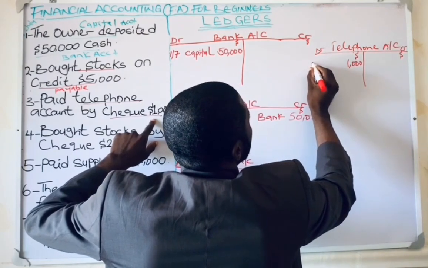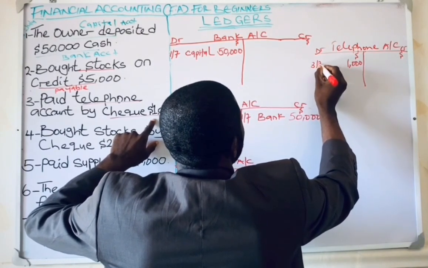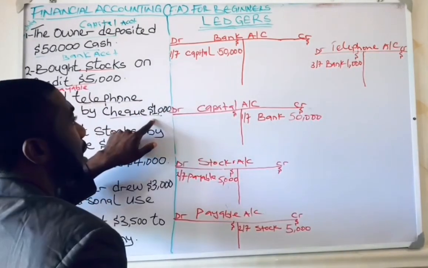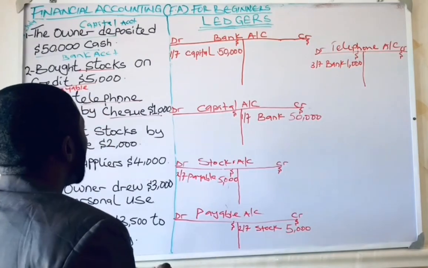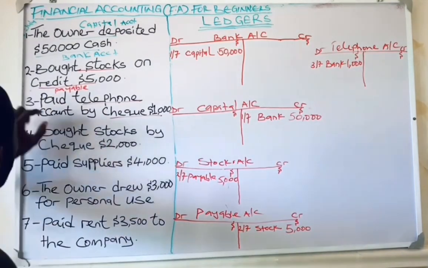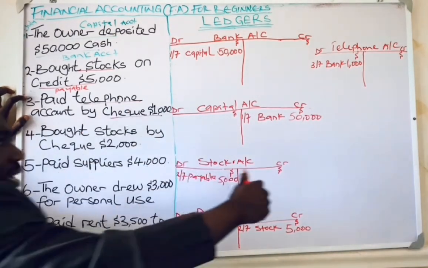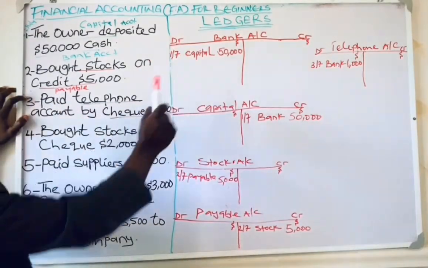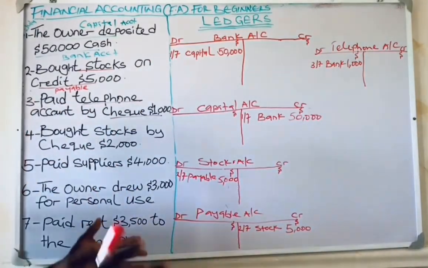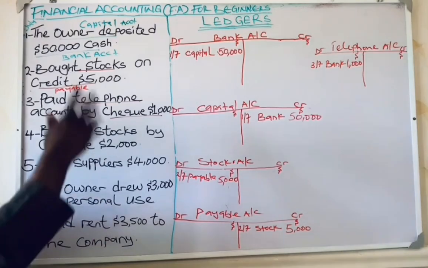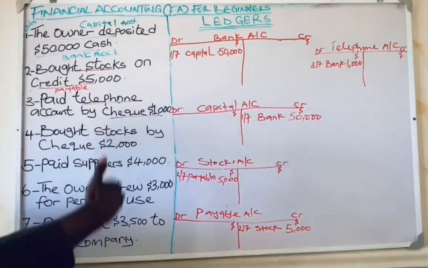We are receiving $1,000 on the 3rd of July by check, which is bank. Very simple. You open your bank account as the 2nd account for this transaction 3. We already have our bank account, so you don't need to open another one. The essence of this ledger is to sum up the total balances of the various accounts in the transactions. Where a journal is used every day, you record it every day.